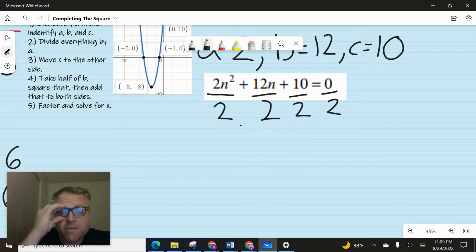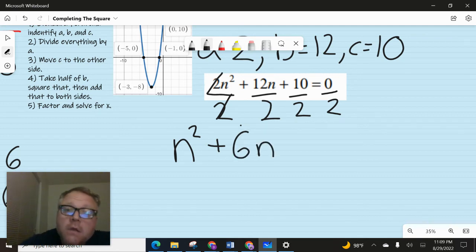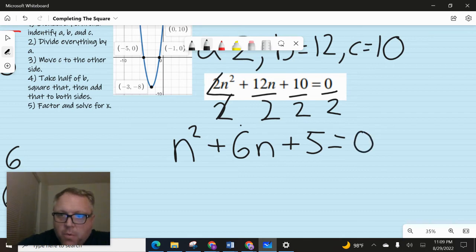Remember, you can have 0 on top of a fraction, but never on the bottom. These two cancel, that's the whole idea. So n squared, and then 12 divided by 2 is 6n, and then 10 divided by 2 is 5, equals 0.